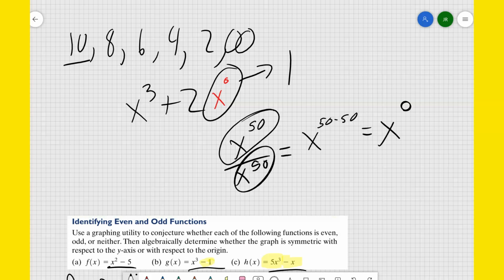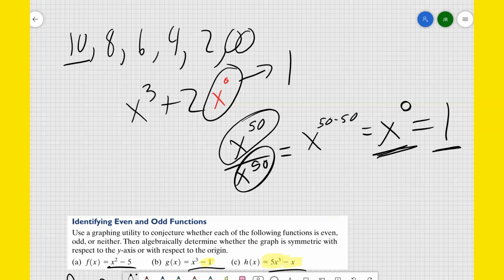Anything divided by itself is 1, which is why x to the 0 is 1. Anything to the 0 is 1 for that reason. So those two things I want you to consider: that 0 is an even number and that a constant is the same thing as having an x to the 0 with that term.